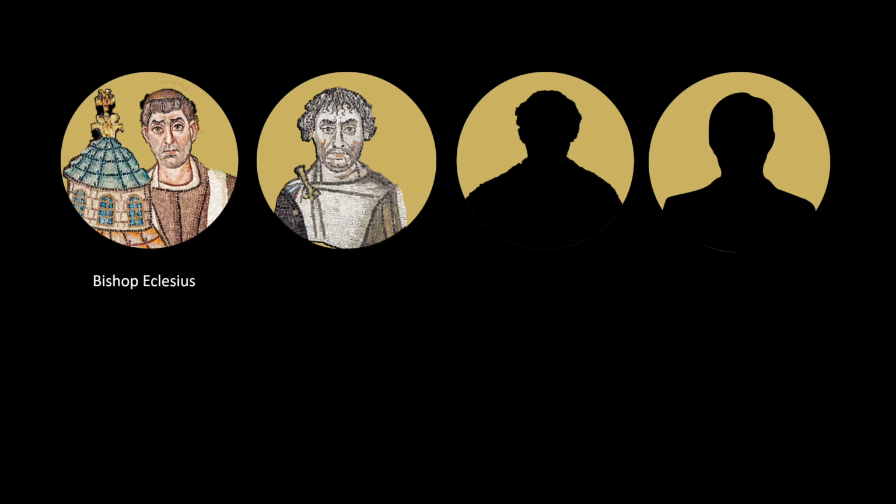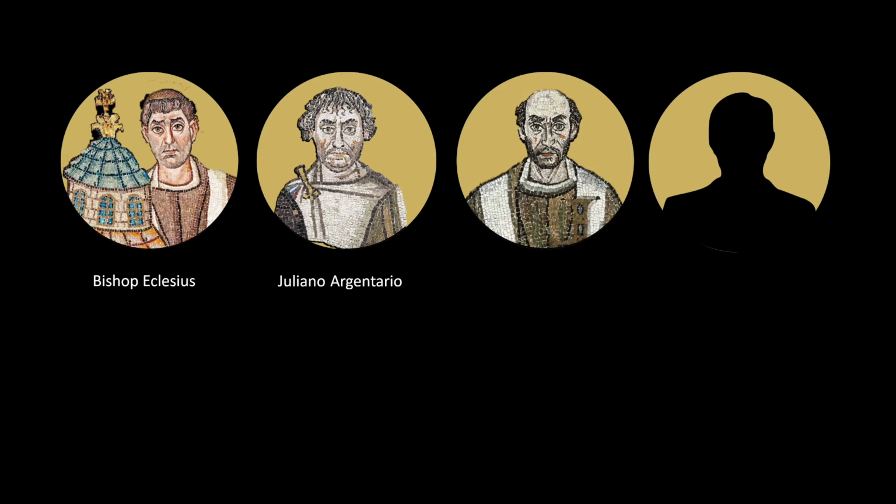San Vitale of Ravenna was started to be built under the Ostrogoth Empire, commissioned by Bishop Ecclesius, financed with the money of the wealthy banker Giuliano Argentario, and supervised by the city bishop Maximian, who consecrated it in the year 547. All these characters appear proudly in the mosaics that decorate the inside of the church.